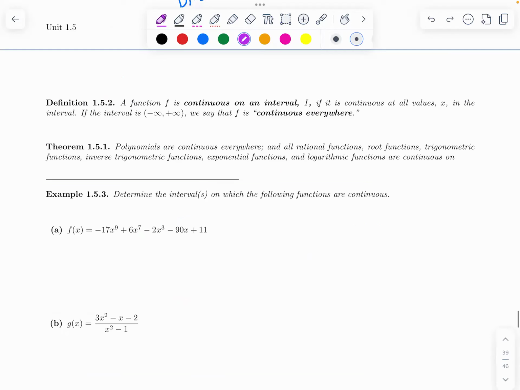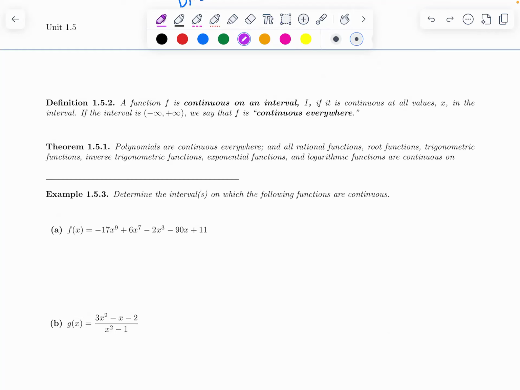But back to the point, how do I find continuity of a given curve without being given its graph? As a small pseudo definition, we say that it's continuous on an interval if it's continuous at each point inside the interval, and we say it's continuous everywhere if it's continuous on the whole real line, so from negative infinity to positive infinity.